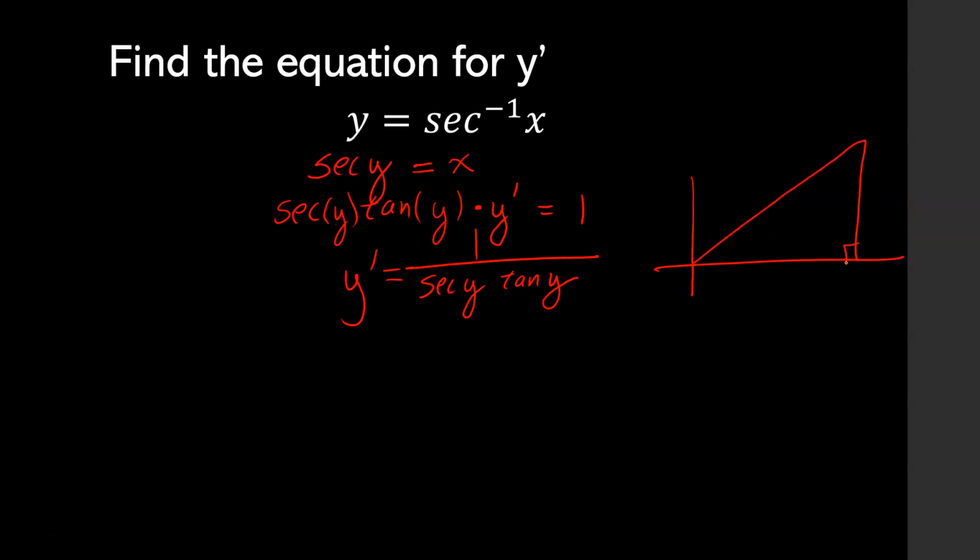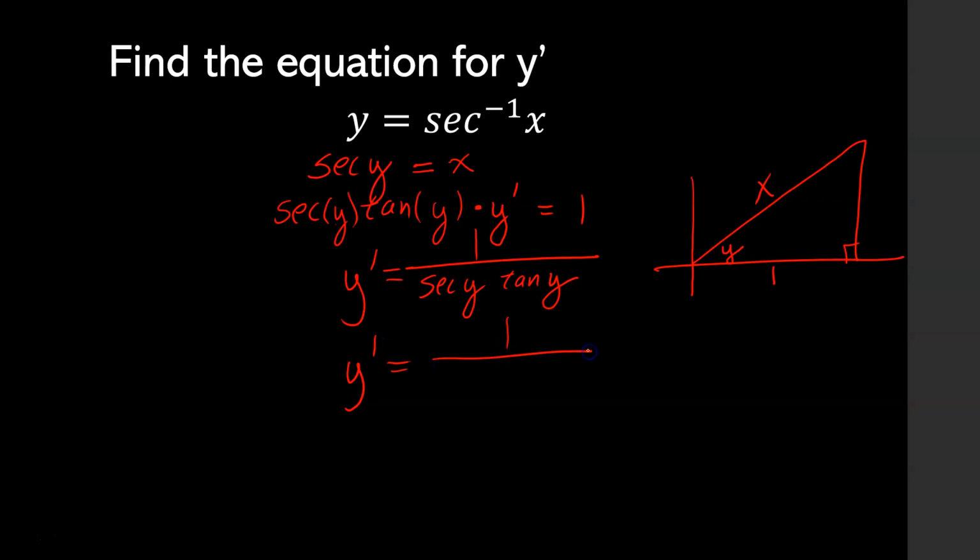Let's see. We have an angle named y. If we took secant of y, we would get x, which means the hypotenuse we can think of as x, and the adjacent side we can think of as 1. So secant of y is actually pretty easy, because we were asked for secant of y, and look up top, we have secant of y.